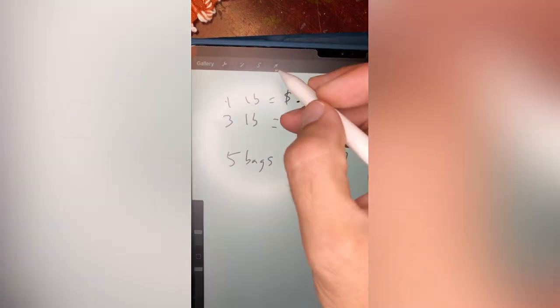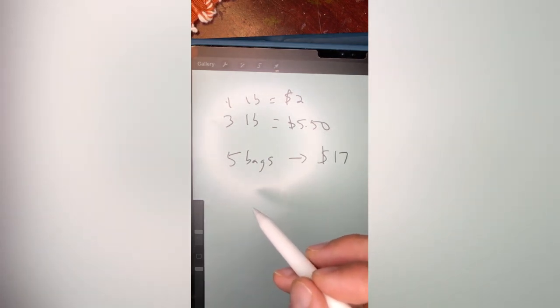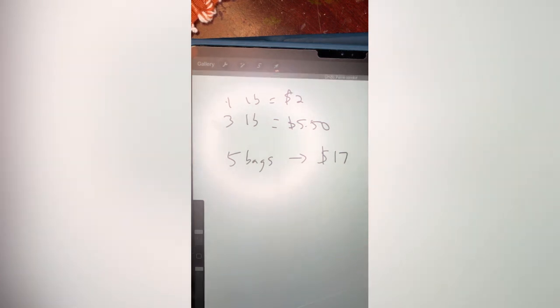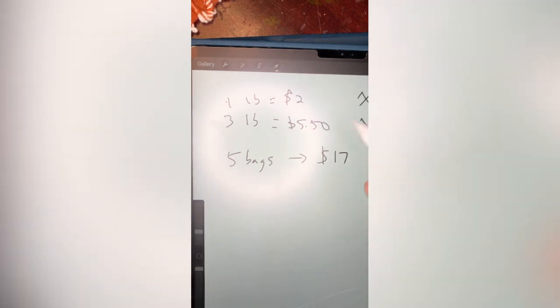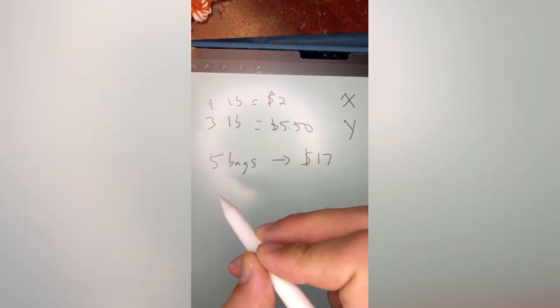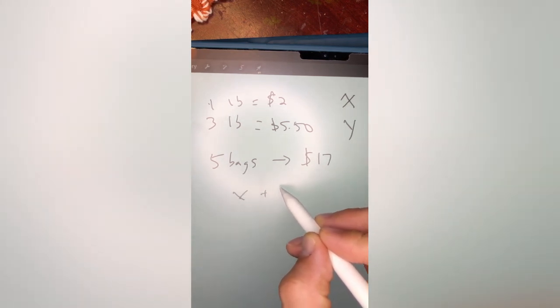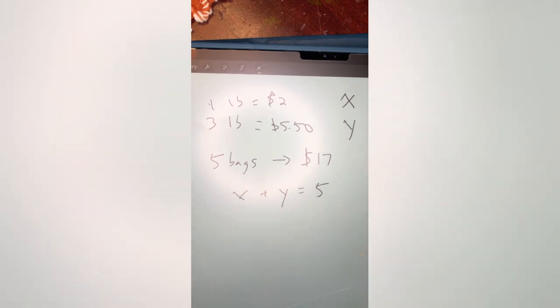Okay, so we know that the 1 pound bag, I'll call that X, right? I'll call the 3 pound bag Y. And we know that if I buy a certain amount of the 1 pound bag plus the 3 pound bag, I know I'm going to eventually get 5 bags.